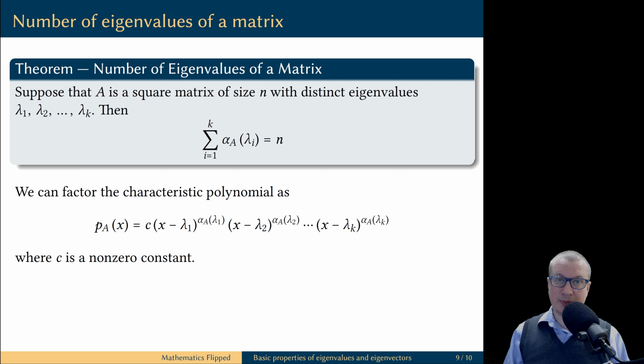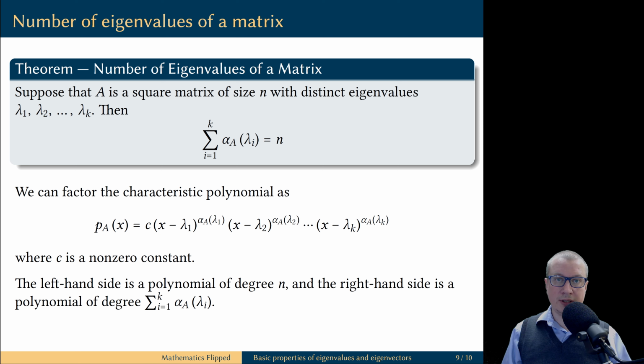And algebraic multiplicities of eigenvalues are precisely the powers in these factors. Now, the polynomial on the left-hand side of this equation, the characteristic polynomial, has degree n, and the degree of its factorization, the polynomial on the right-hand side, is the sum of the algebraic multiplicities of all eigenvalues. Therefore, the sum of the algebraic multiplicities must be equal to n.